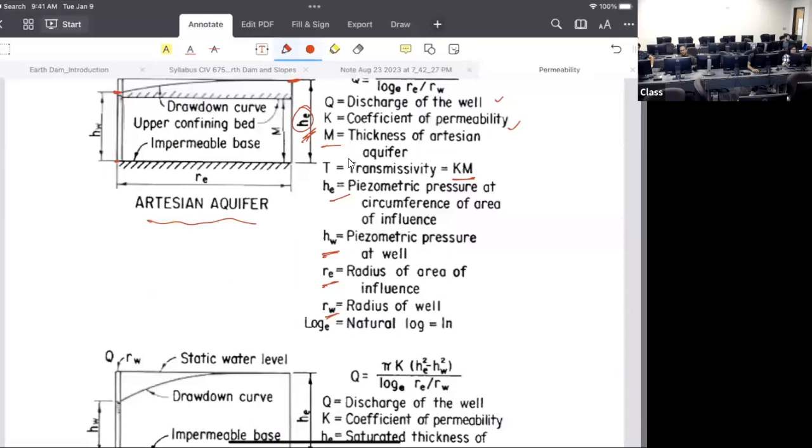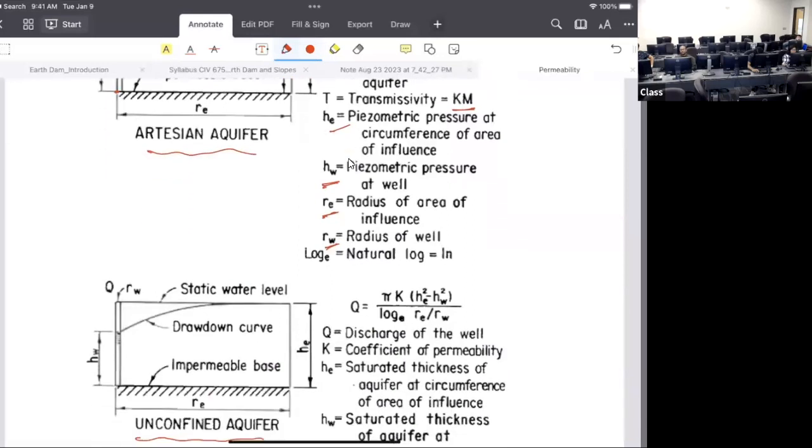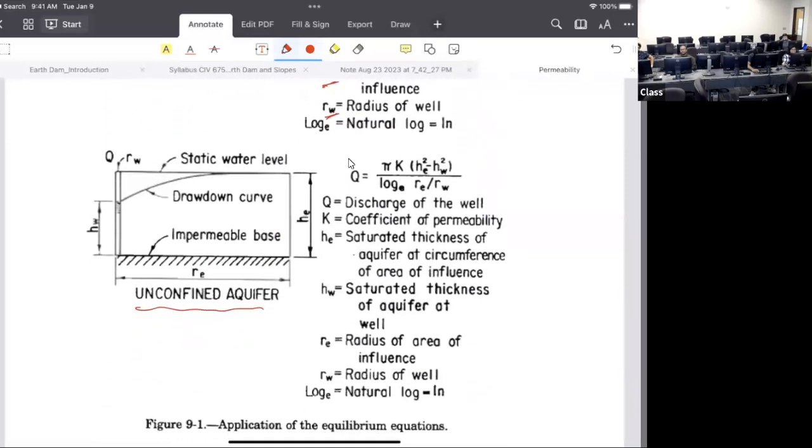That's for an artesian aquifer. If you have an unconfined aquifer, the equation is different, but the procedure is the same. You pump, you calculate K, you have Q, RE, RW, HE, HW, right?